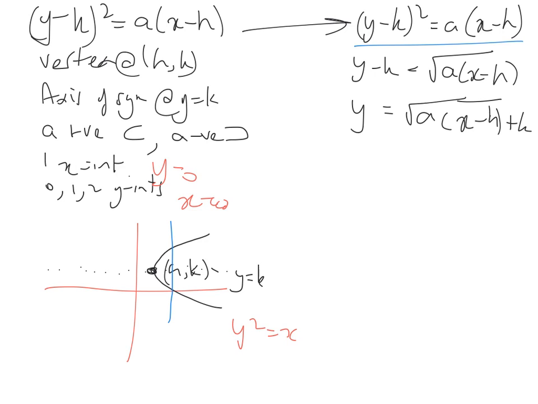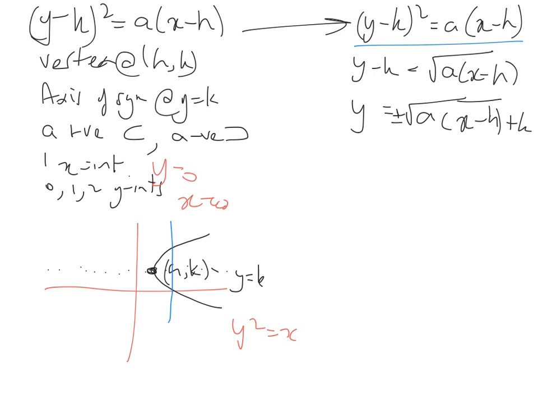Now we call this thing here a square root function, and that looks like either the top half or the bottom half of the y squared equals x relation. This will either be plus or minus because we've got a square root.